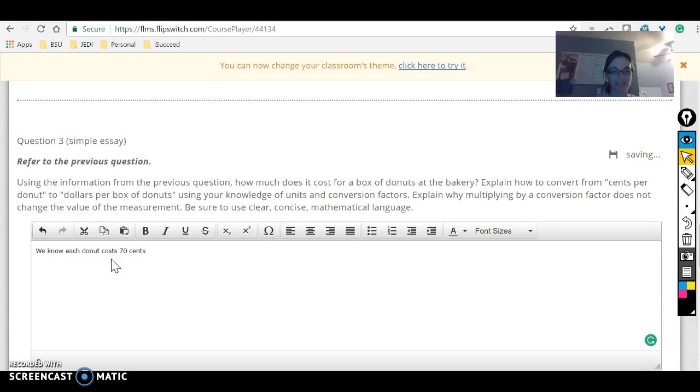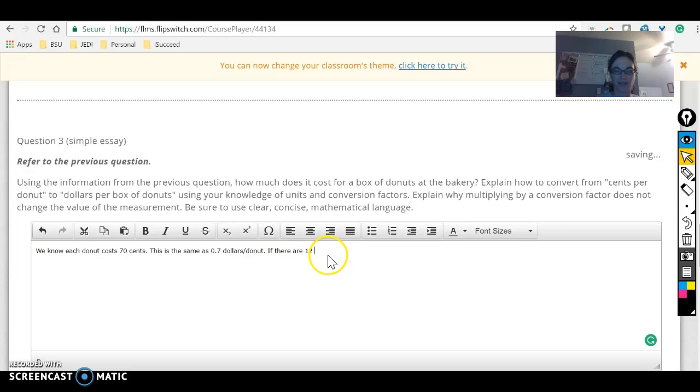so 70 cents is the same as $0.7 per donut.